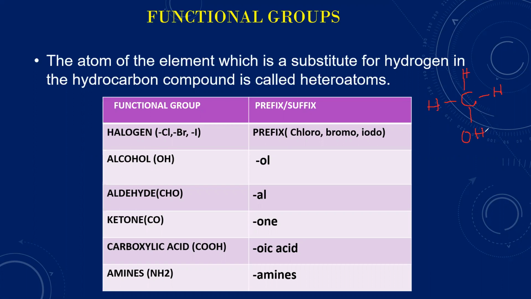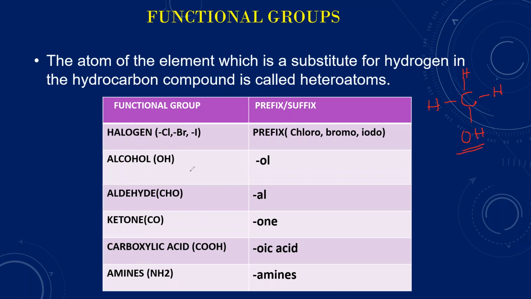Atoms or groups of atoms, if they replace hydrogen, are called heteroatoms. These heteroatoms are known as functional groups. In 10th standard, you have to learn these functional groups: halogen, alcohol, aldehyde, ketone, carboxylic acid, and amines.